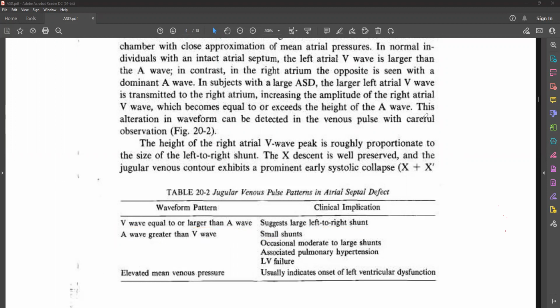In case the discussion is brought in, sometimes they may bring in the morphology of the waveforms of the JVP in a patient with atrial septal defect. Just remember this concept. No need to have a great understanding of the entire thing which is given there. Try to look at the A wave, V wave difference alone in patients with atrial septal defect. Don't bother much about the X and the Y descent.